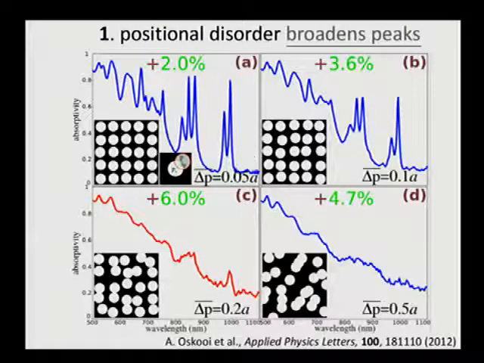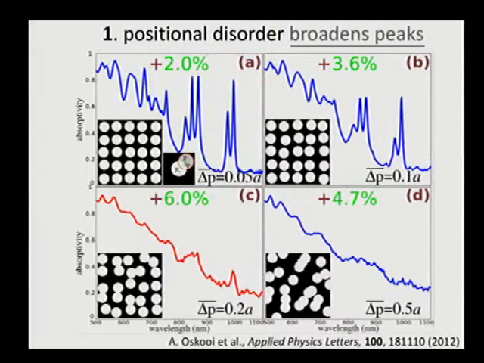A simple and effective way to control the broadening of the peaks is through disorder. I investigated the effect of disorder on the absorptivity spectra by gradually increasing a perturbation parameter applied to the positions of the rods. I discovered that a partial amount of disorder maximizes the overall light trapping efficiency, as shown in figure C, but too much disorder leads to suboptimal light trapping.